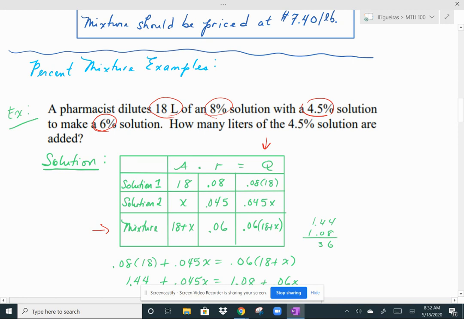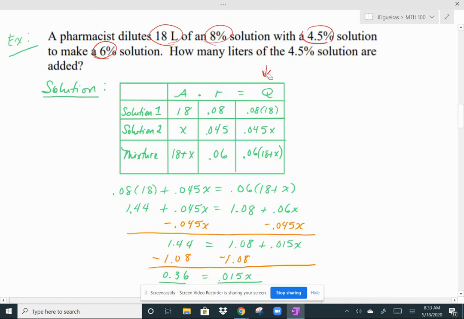Second one is 0.045 times X. And the third one is 0.06 times 18 plus X. Okay, the last column is our equation. So that's what you see here. It's basically the quantity of solution 1 plus the quantity of solution 2 equals the quantity of the mixture.